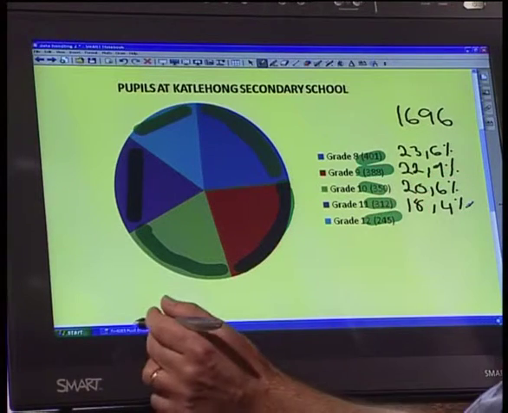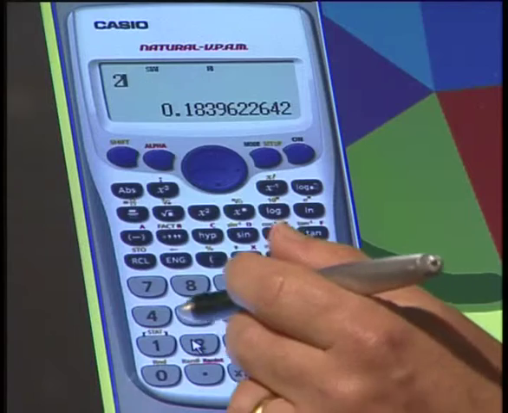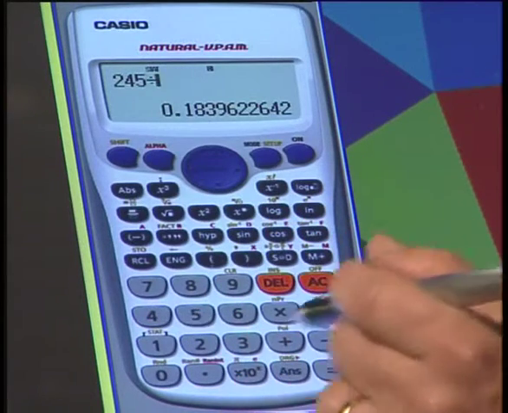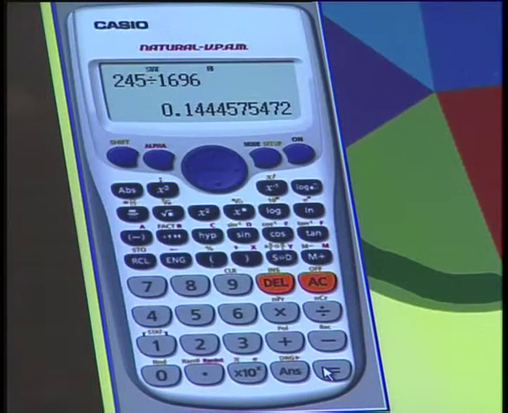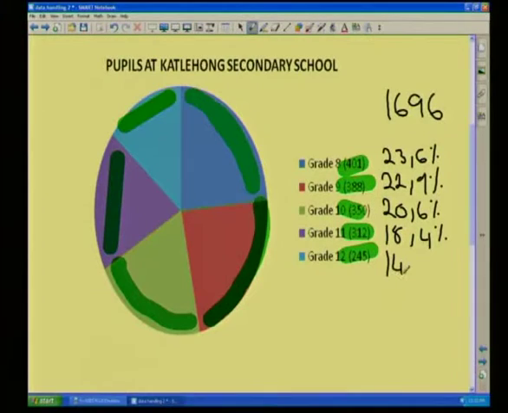And lastly, our grade 12s at 245 students is 14.4%.